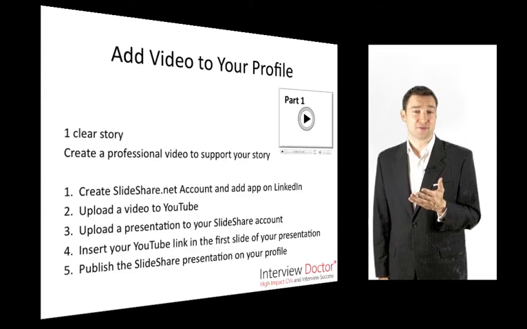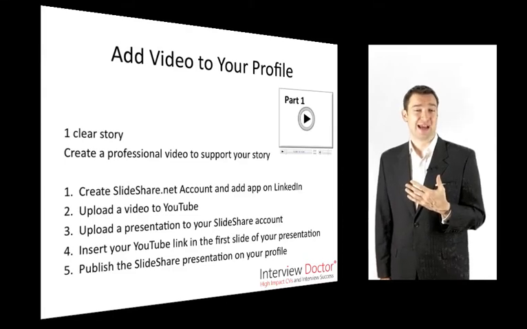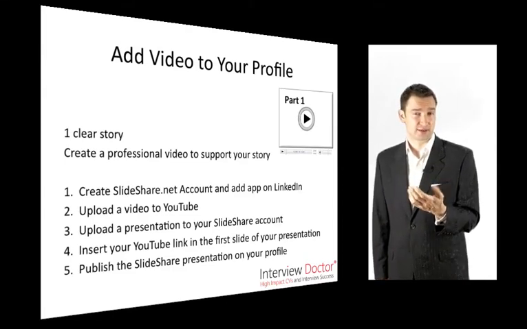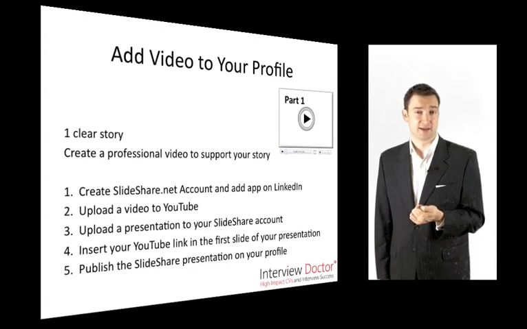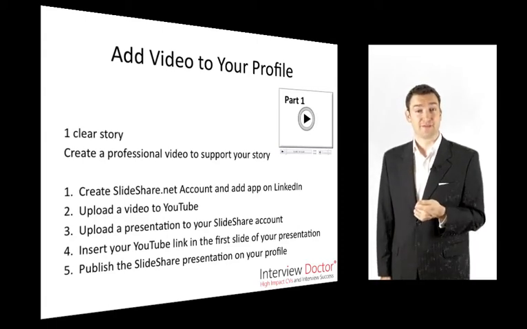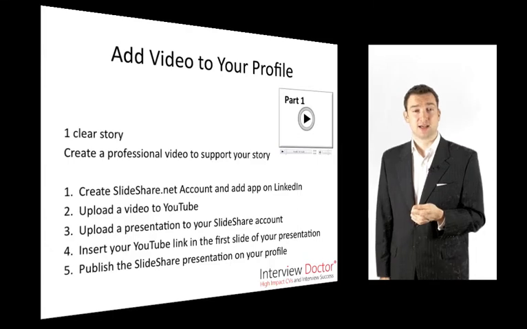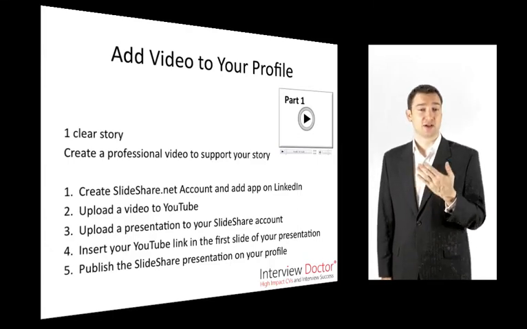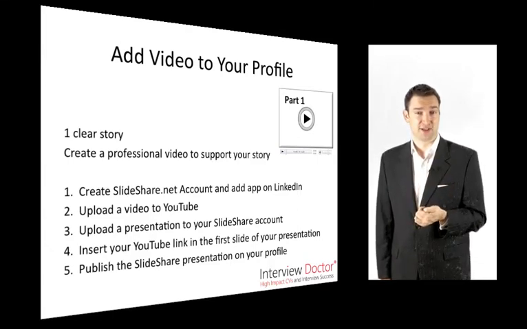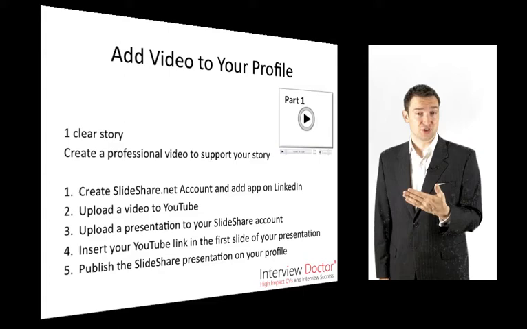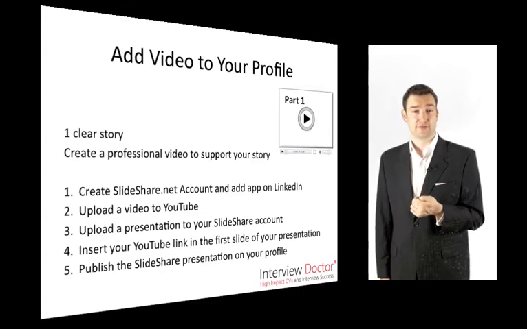Now, the next thing, of course, is that if you can make your profile more interesting, then it's likely to stand out better. It's even possible to add video to your profile these days. The steps are to think of a clear story and create a professional video to support your story in the first place. Then create a slideshare.net account and add that app to your LinkedIn profile.